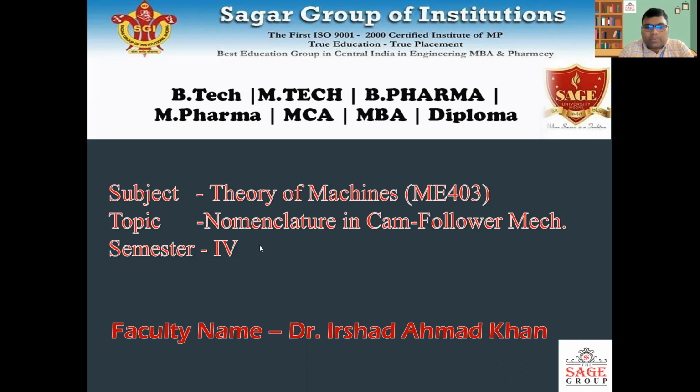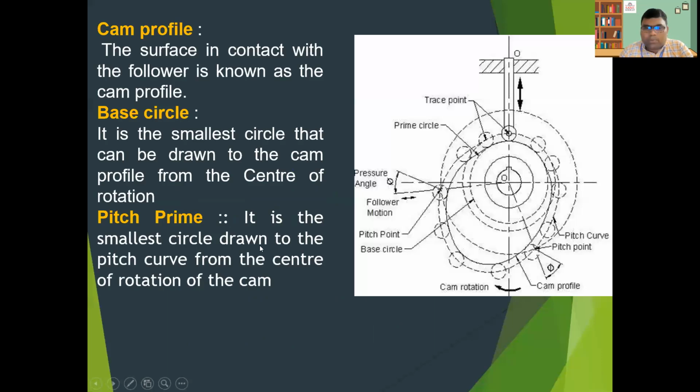So let's discuss that. So, nomenclature. You can see this is a typical cam-follower diagram, and different nomenclature are already shown in this diagram. But how to define them? Let's discuss how they could be defined.